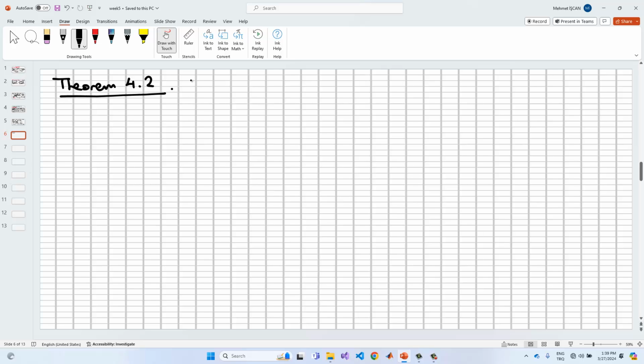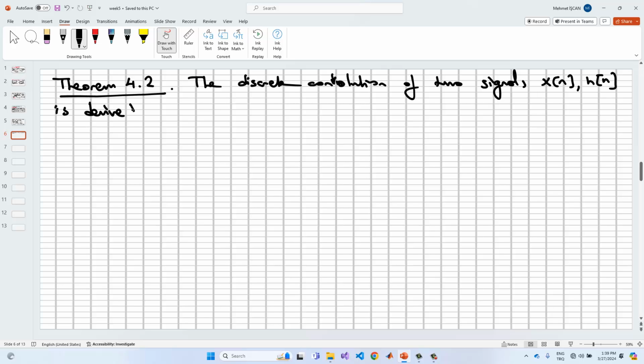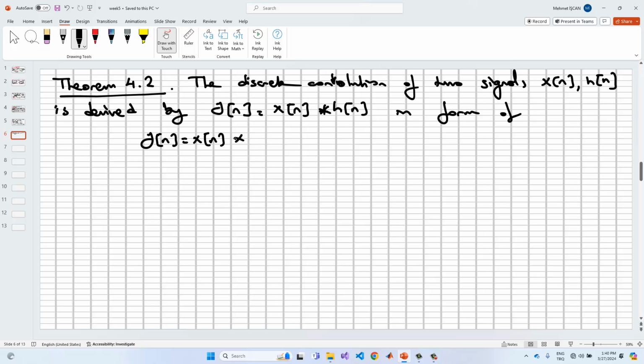The discrete convolution of two signals x[n] and h[n] is derived with y[n] equal to x[n] star h[n], which is equal to the summation from minus infinity to infinity of x[k] times h[n minus k], right? This is also the impulse signal.